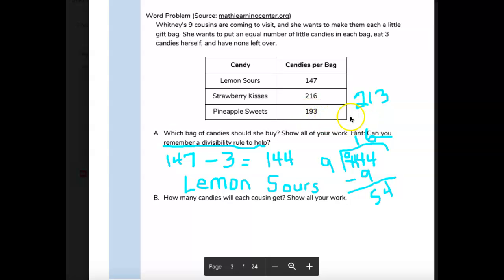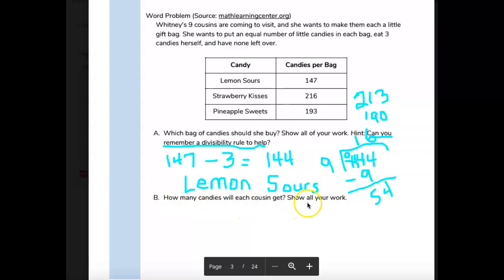And then 193, if we take out the 3, we have 190. And now let's use our divisibility rule. 9 plus 1 is 10, plus 0 is 10, and so 9 won't go into 10 evenly. So the answer here was lemon sours.